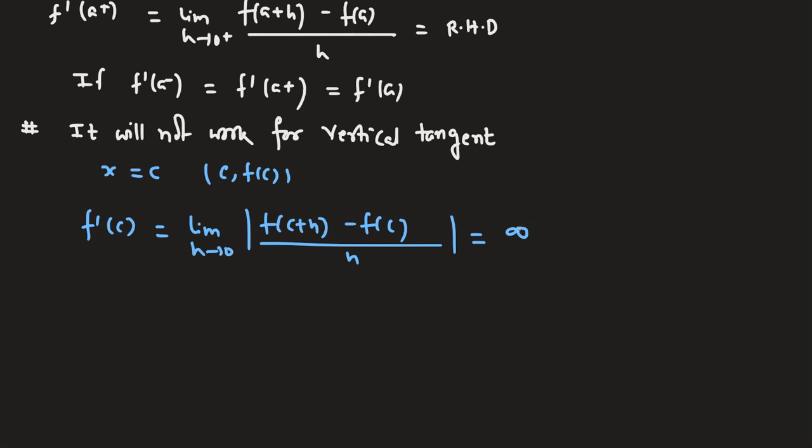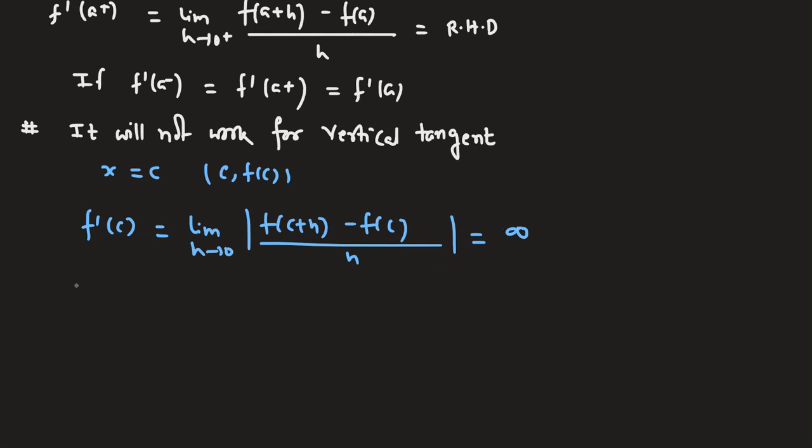Since a vertical tangent does not satisfy the left hand and right hand derivative condition, we consider the modulus, and the modulus value will be infinity. That means from the left hand side the slope of the tangent tends to plus infinity and from the right hand side it also tends to plus infinity, or both tend to minus infinity. That is the interpretation of this.